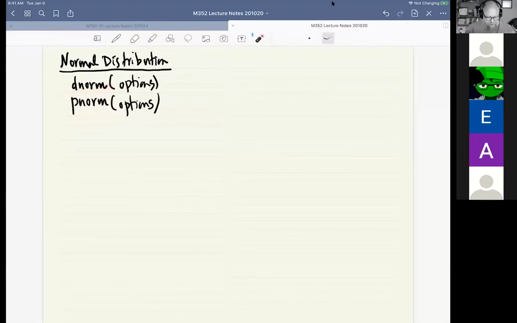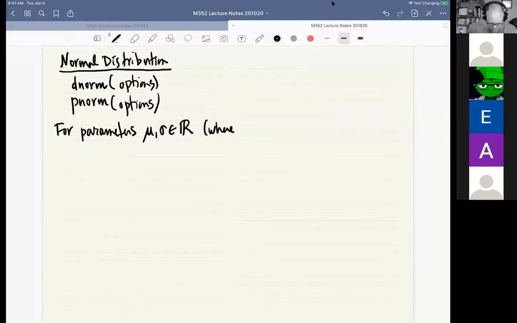Probability density function and the cumulative distribution function. Normal distributions have two parameters, mu and sigma, and they're named suggestively. Here, I guess it's worth saying that sigma really should be positive. I have never heard of sigma being negative.